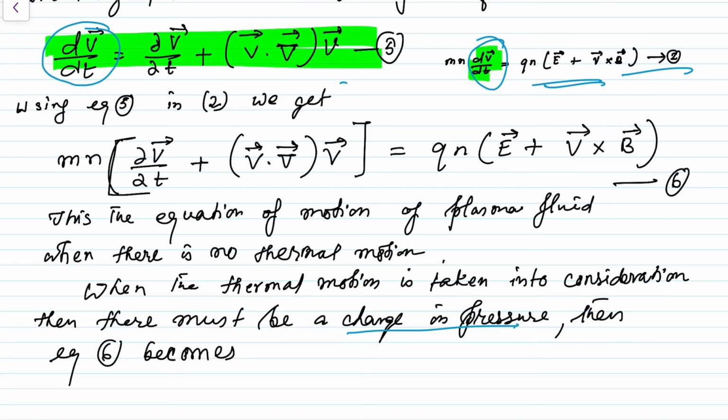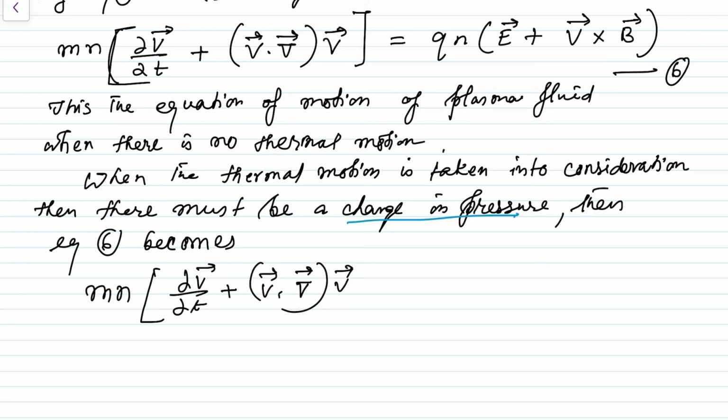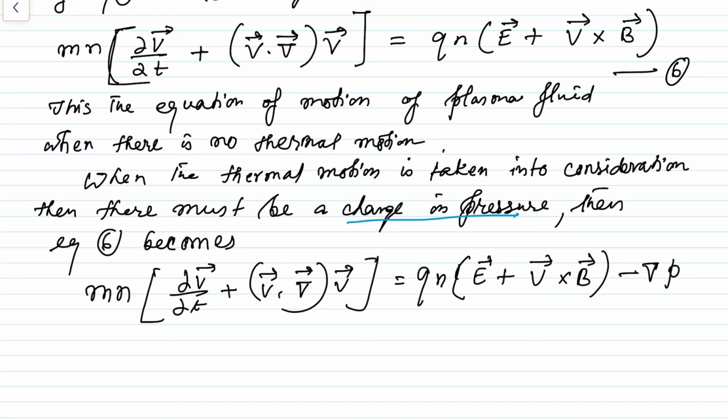Okay, this equation becomes, so let me scroll up, m n (del v by del t plus v dot del v) is equal to q n (E plus v cross B) minus del p. Okay, so here p represents pressure and del p represents change in pressure.